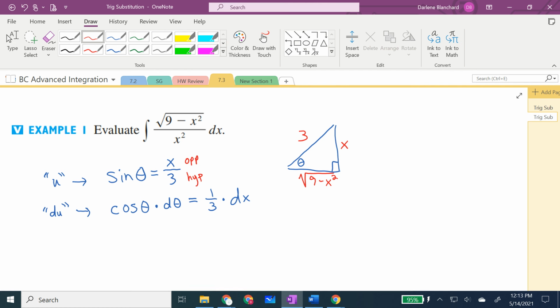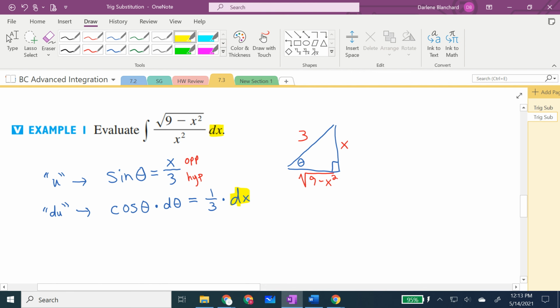I want to pause for a moment and let you just look at this and look at the picture and think about what you could possibly do. There's one thing that you must do. You must substitute dx so that we are in terms of theta.